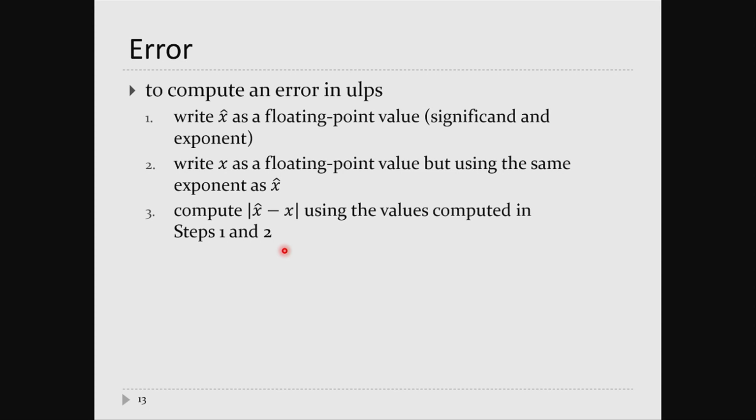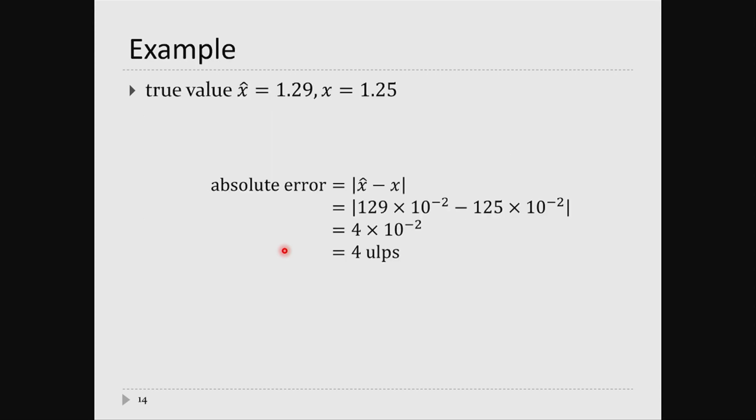Okay, this is not very hard to do. So here's 1.29 and 1.25. Write them both as floating point numbers. So 1.29 is 129 times 10 to the minus 2, and 1.25 is 125 times 10 to the power minus 2.